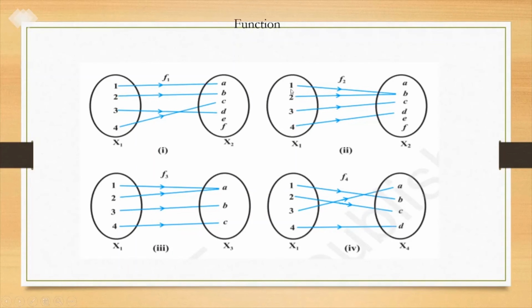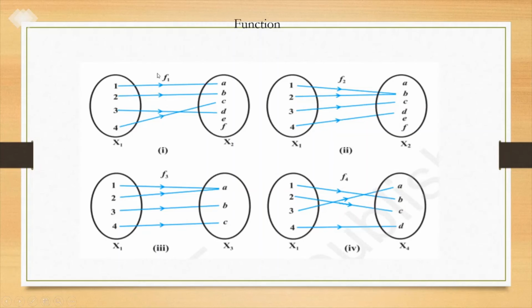They are different elements. But f of 1 is what? B. f of 2 is what? The same, B. 1 and 2 are different, but f of 1 and f of 2 are the same. Which means this f2 is not one-one. One-one means if 1 and 2 are different, then f of 1 and f of 2 are different, right? So this f2 is not a one-one function.